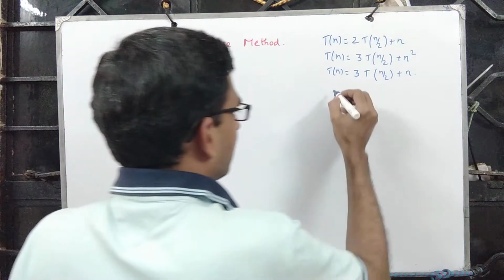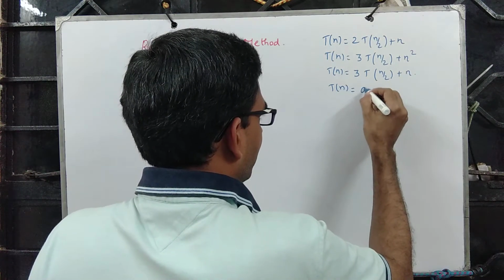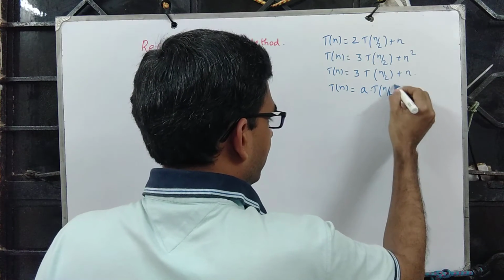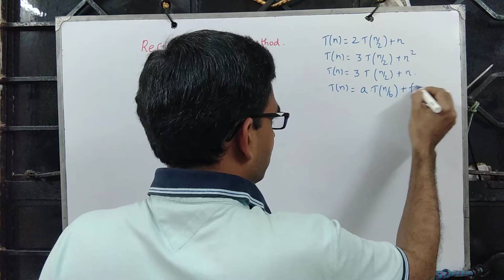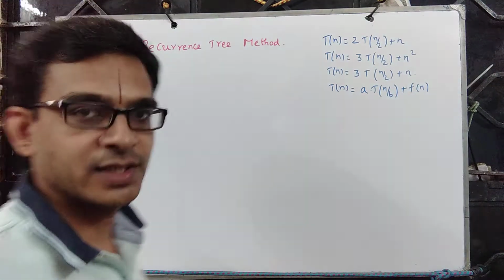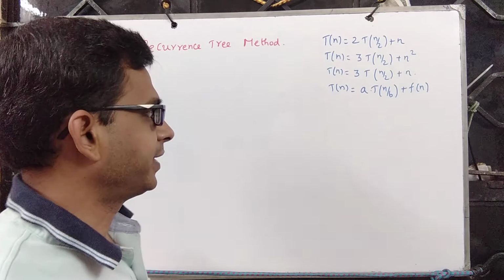In general, you may be given a recurrence of this form: a subproblems, each of size n by b, and there is a cost to combine partial solutions that is given by the function f of n, correct? That's precisely the idea.